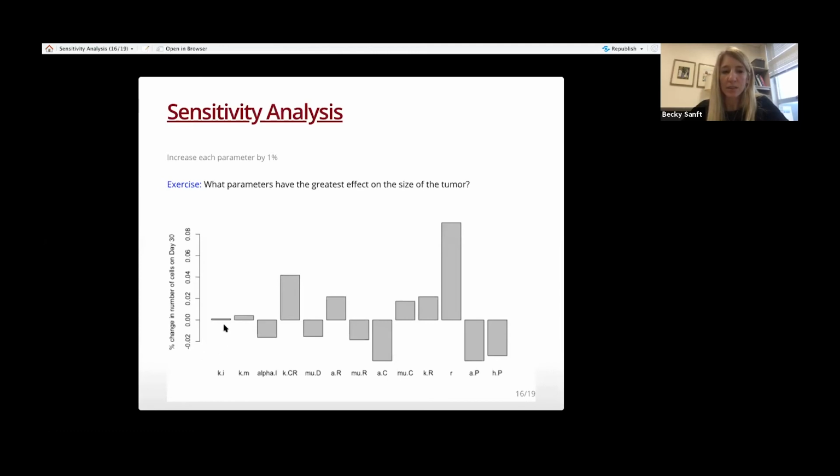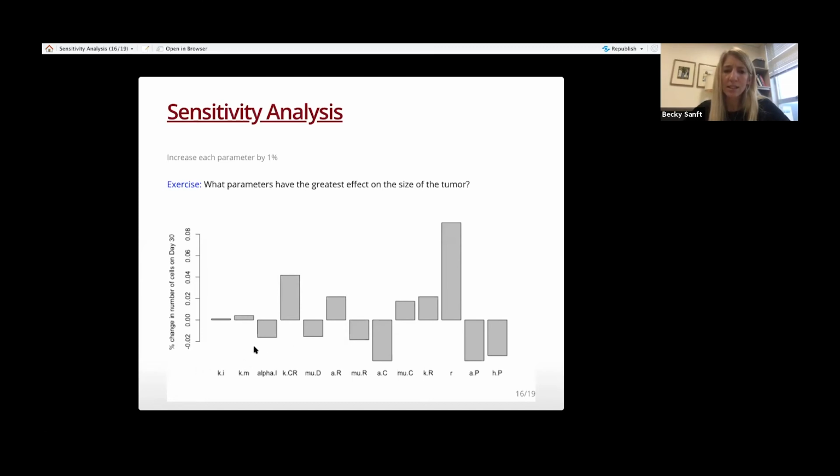So for example, Ki, it seems like the model output is not very sensitive to small changes in Ki. So from a research design perspective, we may not want to put a lot of energy in getting that parameter more accurate. Also, this is just a nice model validation tool, right?